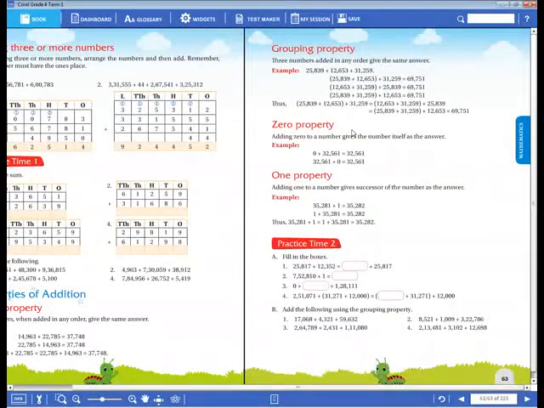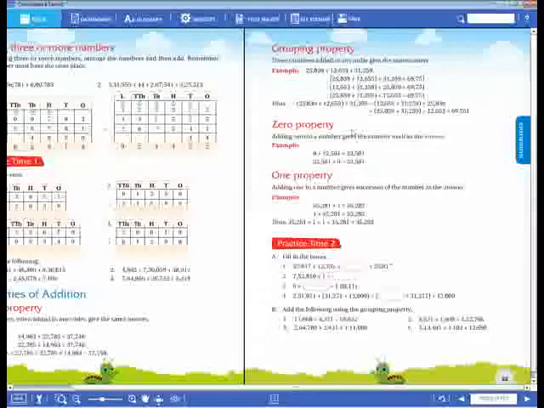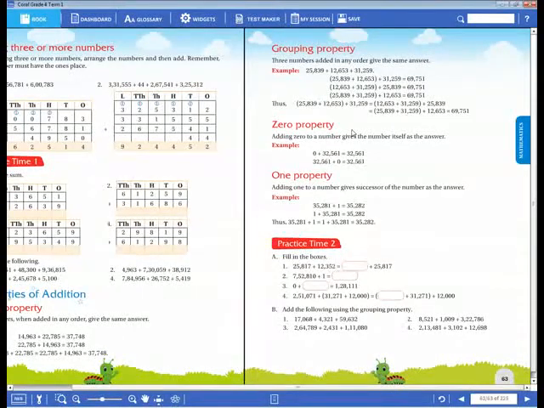Write down the definition: adding 0 to a number gives the same number itself.